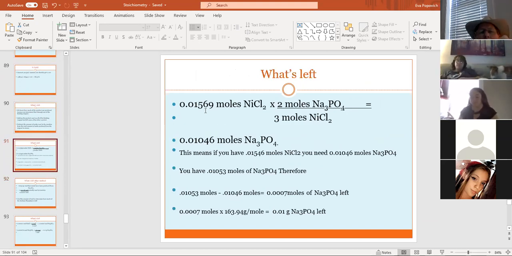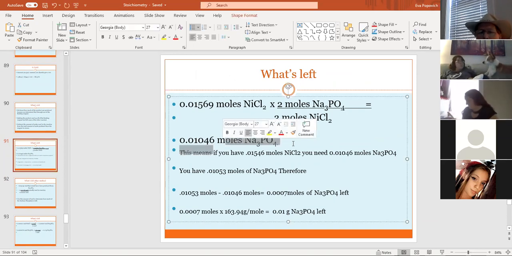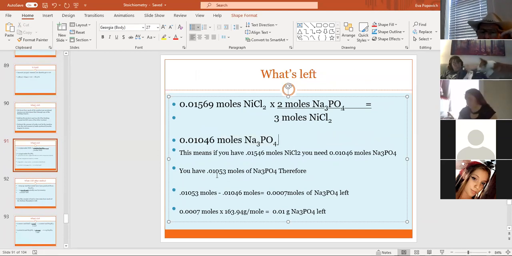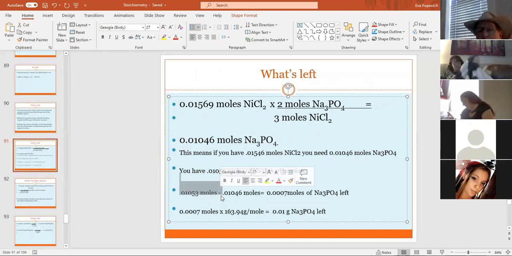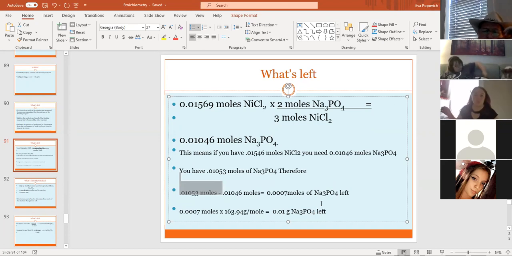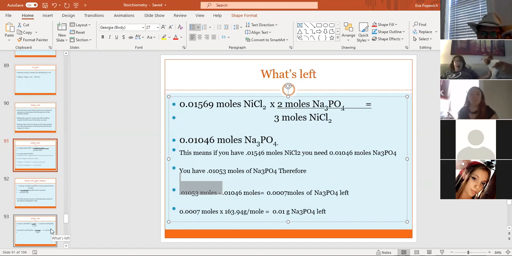So when I used the limiting reagent, I found out how much sodium phosphate I used up. I originally had 0.01053 moles of sodium phosphate. So all I have to do is just subtract how much I used up. This gives me the moles of the sodium phosphate left. I simply multiply that by the molecular weight, and I have the grams of sodium phosphate left. Are we good, guys? This is not the only way to work this problem.